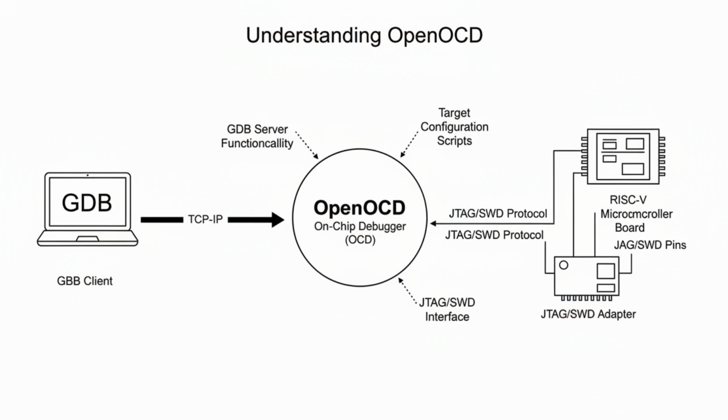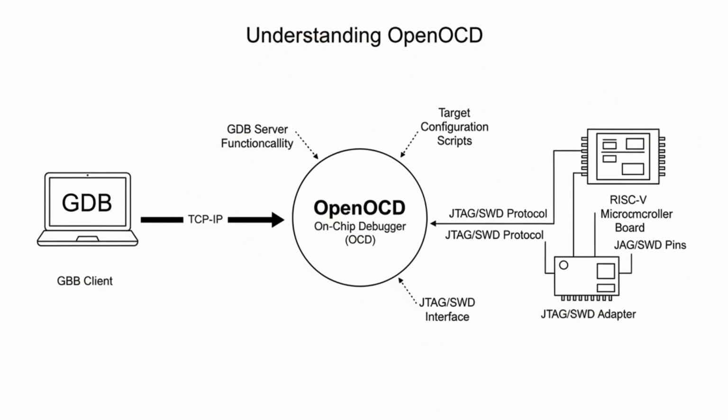OpenOCD stands for Open On-Chip Debugger. It's a free and open-source software that provides debugging, in-system programming, and boundary scan testing for embedded target devices. At its core, OpenOCD acts as a bridge between your debugging software, typically GDB, and your target hardware.